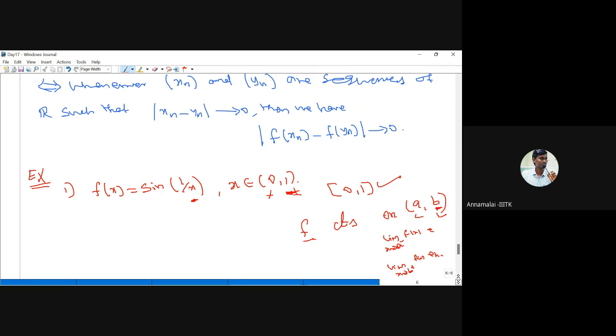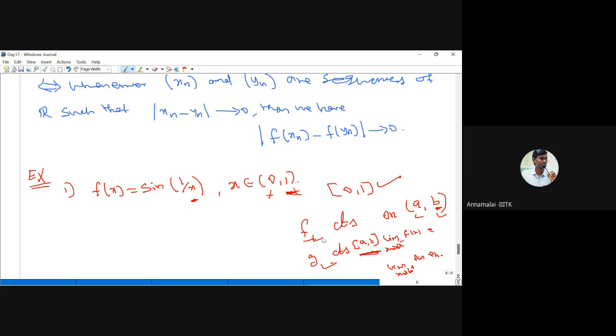Then we can extend this function to these two endpoints. Therefore, we get a new function g that is continuous on the closed interval [a, b]. Since this is closed, bounded and continuous, f is uniformly continuous. So the theorem says if it is possible to extend a continuous function defined on an open interval (a, b) to the endpoints, with the limits existing, then definitely f is uniformly continuous.